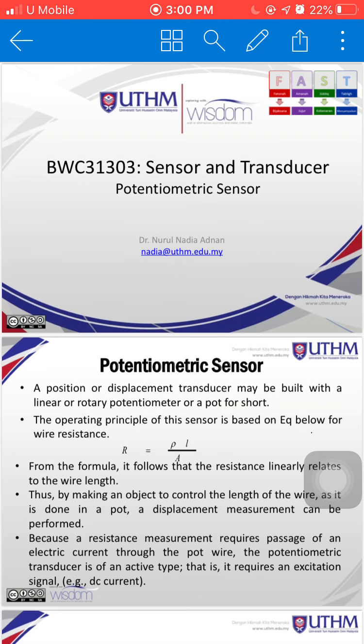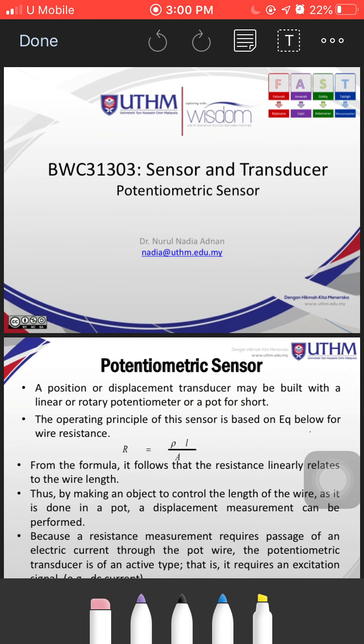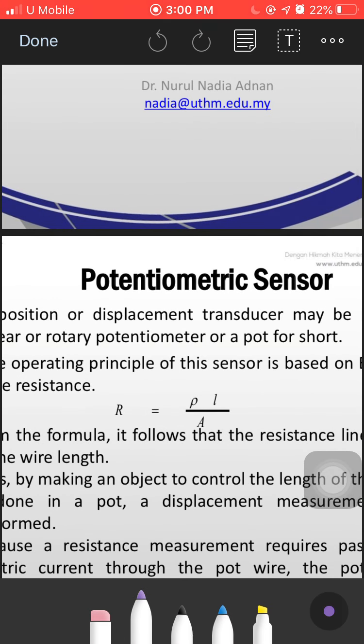Let's look back at the equation of resistance, which is R equals rho L over A, where R is the resistance value, rho is the resistivity, L is the length of the wire, and A is the area. From this equation we know that the length of the wire is directly proportional to the resistance.